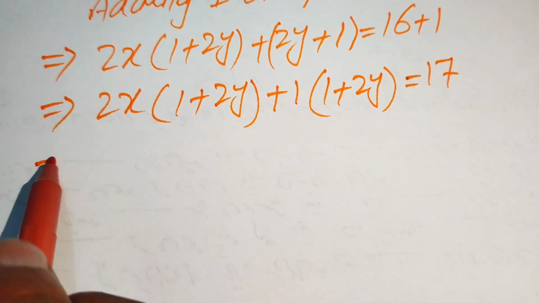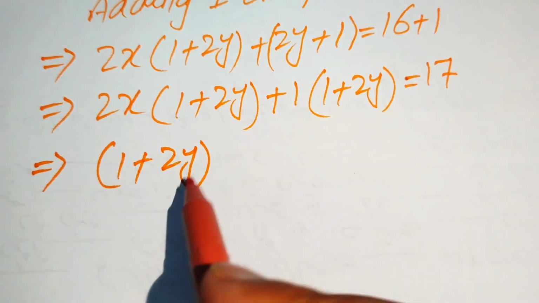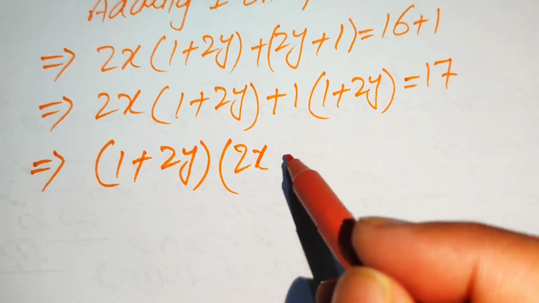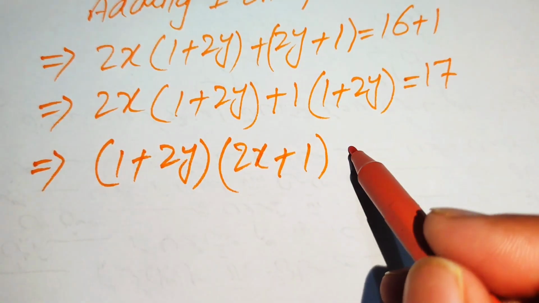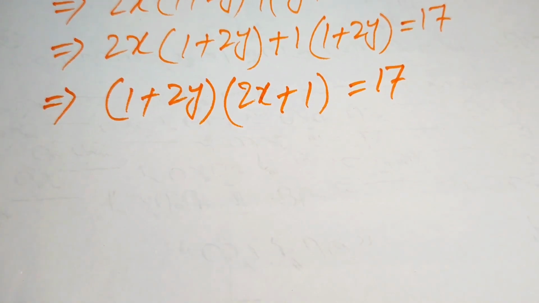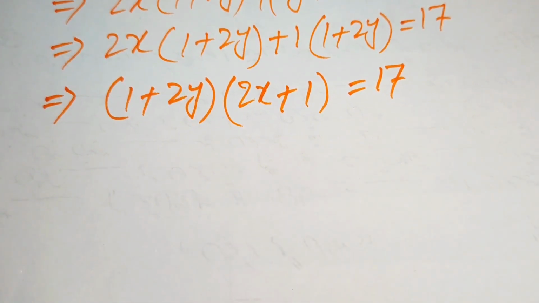Here we take the common factor (1 + 2y) and we get (1 + 2y)(2x + 1) = 17. Now in the next step, focus on the left hand side: we have two factors multiplied by each other, but on the right hand side we have only one number. So first we find the possibilities in which the product of two numbers is equal to 17.